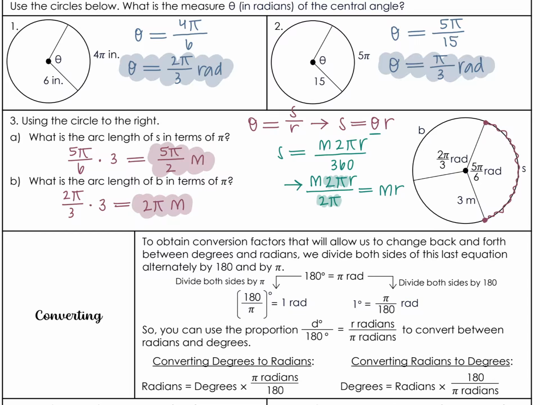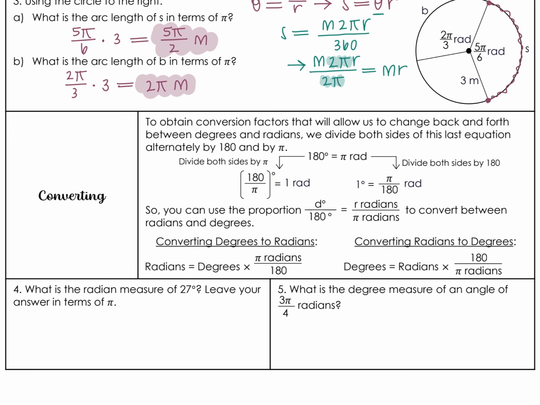All right, now let's move into converting from radians to degrees and degrees to radians. To obtain the conversion factors that will allow us to change back and forth between degrees and radians, we divide both sides of the last equation that we had written down up above by 180 and pi.